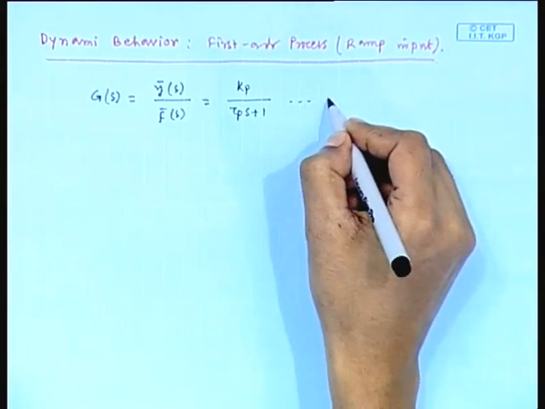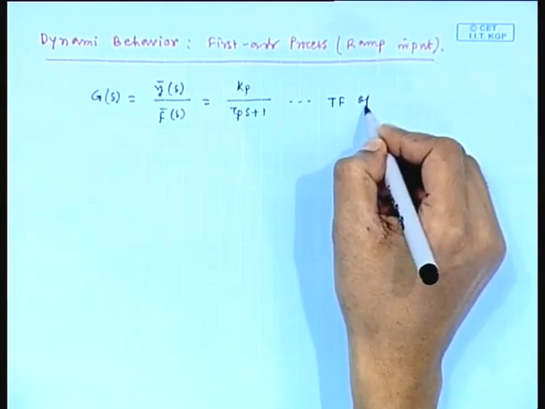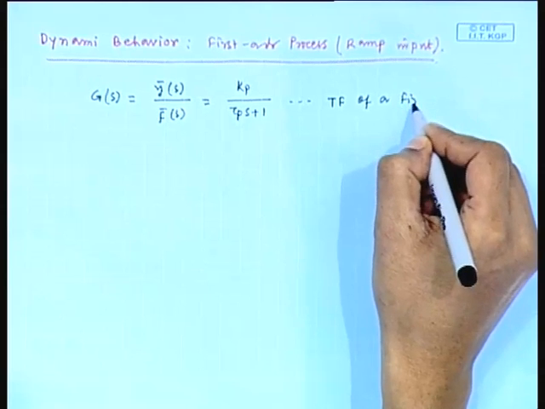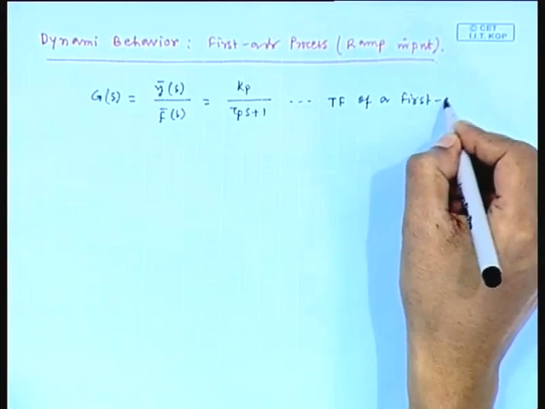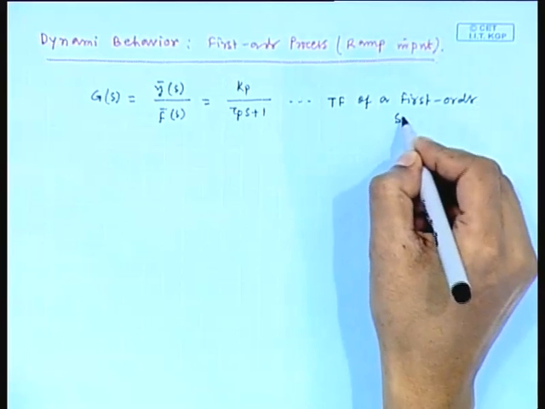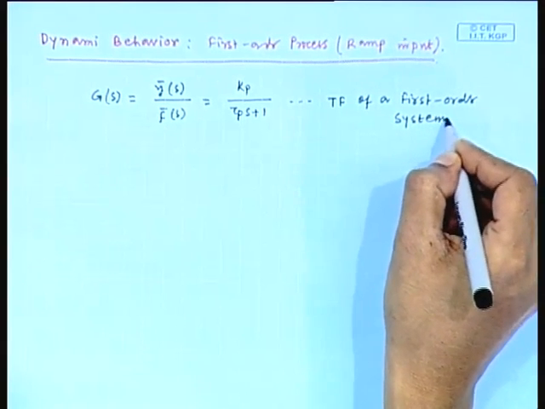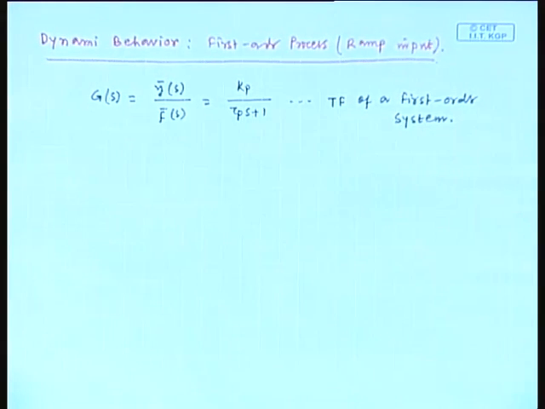This is the transfer function of a first order system. Now, to observe the transient behavior of a process, we need to introduce some change in the input variable.